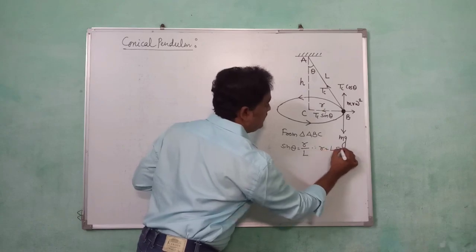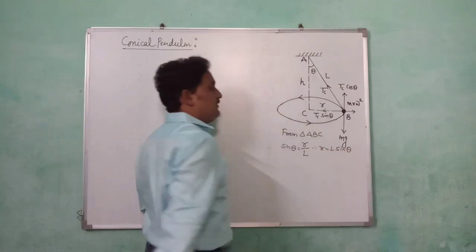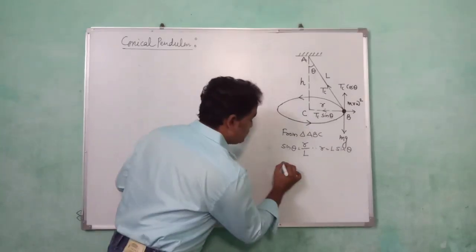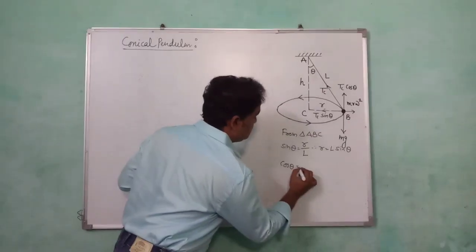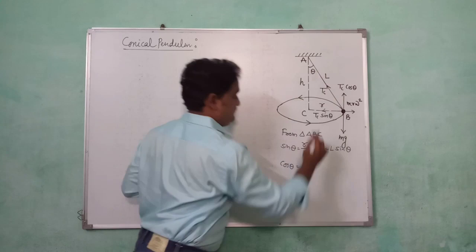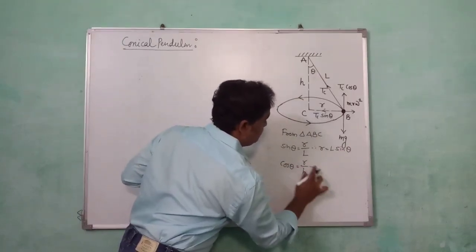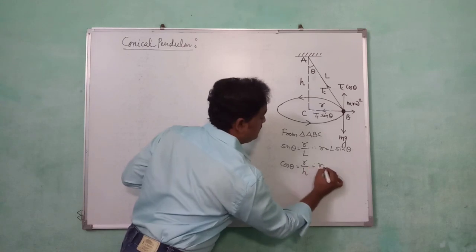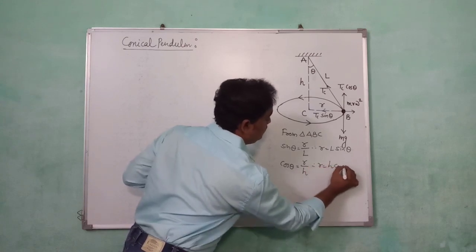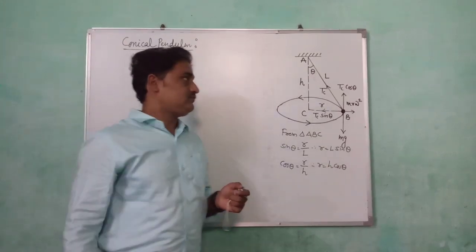R becomes L sin theta. Another value, cos theta, becomes R upon H. So here we can write, therefore, R is equal to H cos theta.